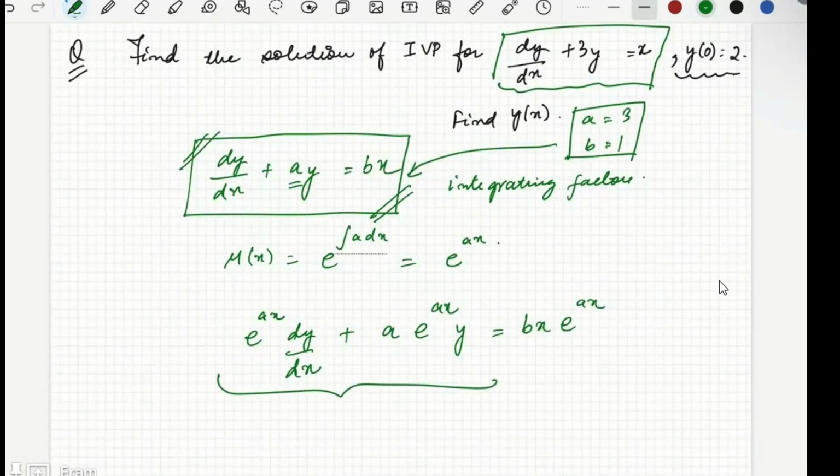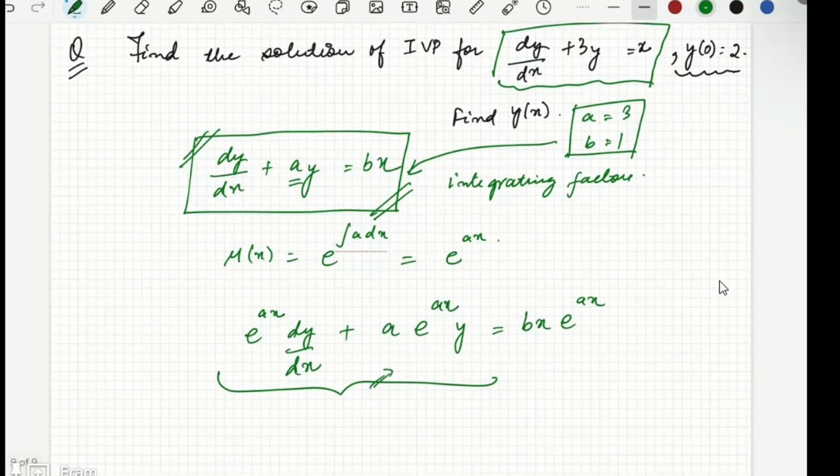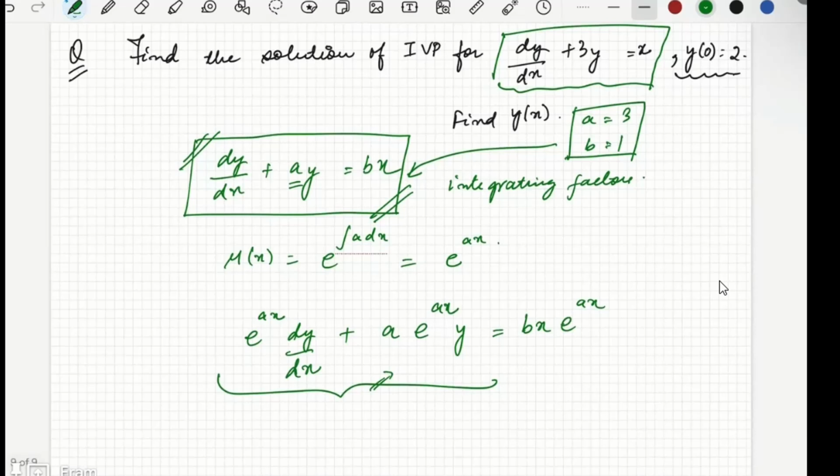Now can anyone identify which function's derivative this represents? It is d of y e to the power ax. Yes, we can easily write it as the derivative of y into e to the power ax.